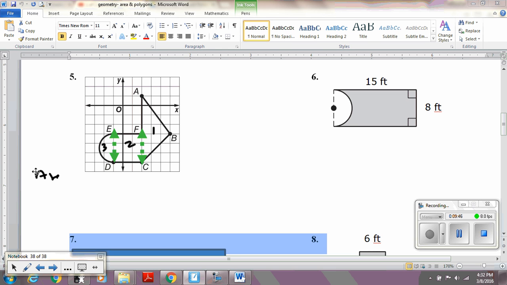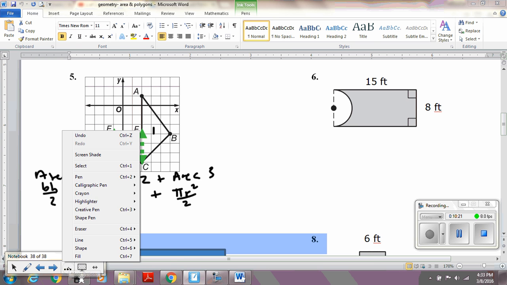So the area of figure 1 plus the area of figure 2 plus the area of figure 3. Figure 1 is a triangle, so I'm going to need base times height divided by 2. Figure 2 is a square, possibly, so it'll either be length times width or side squared. And figure 3 is a semicircle, or half a circle again, so you're going to need pi times radius squared divided by 2.